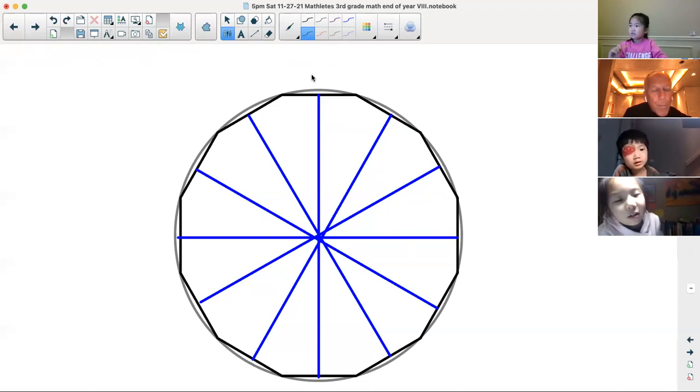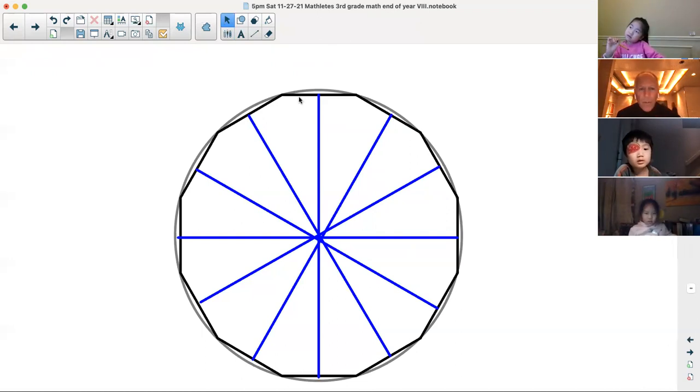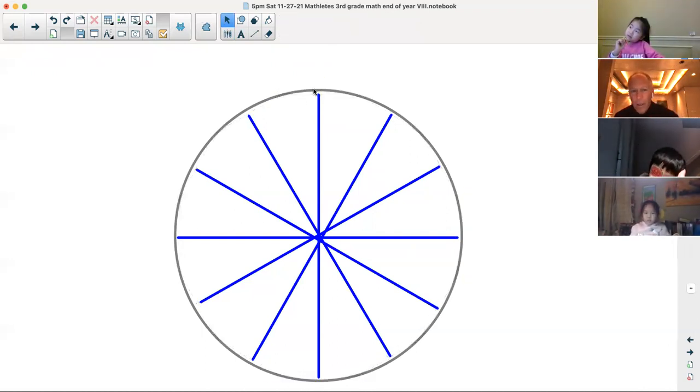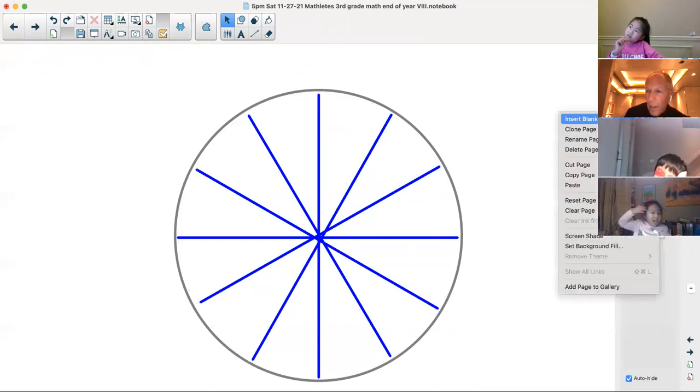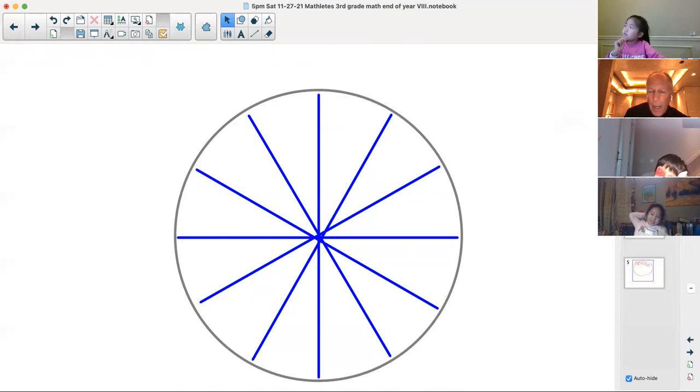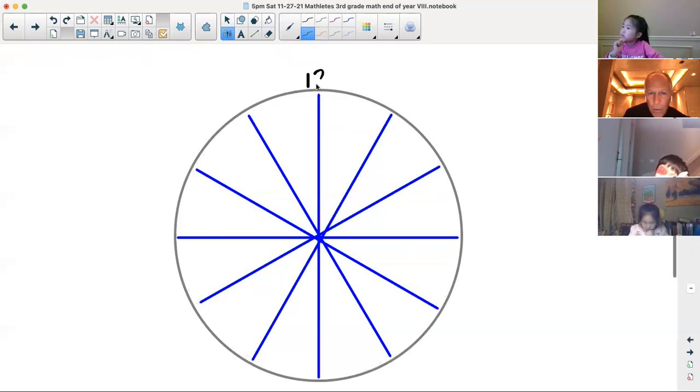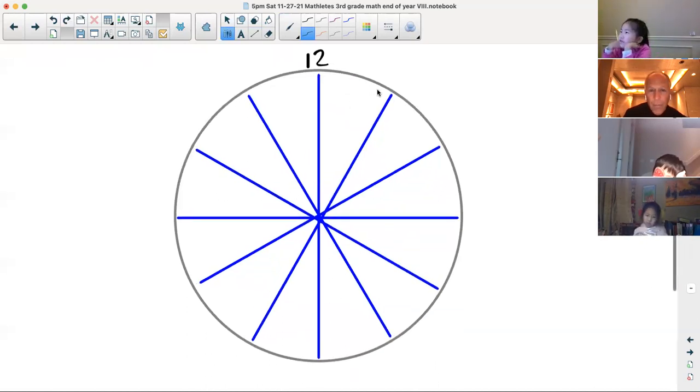Well, the circle represents something that we use every single day. So let's see if I can get this to happen. Ooh, I did it. Now, what we're going to do is we're going to clone that page. And let's actually, if I draw a 12 here, then what should I put on the very bottom? Any ideas? 6. And what should I put northeast?